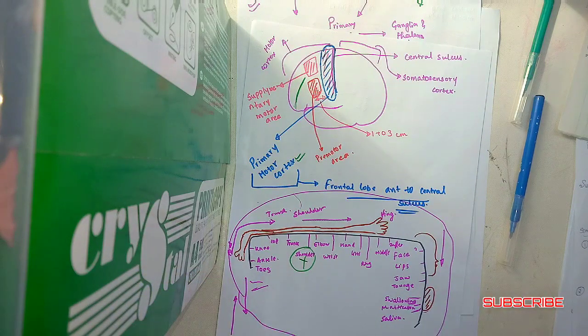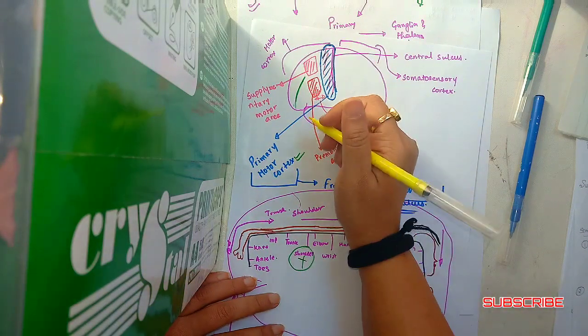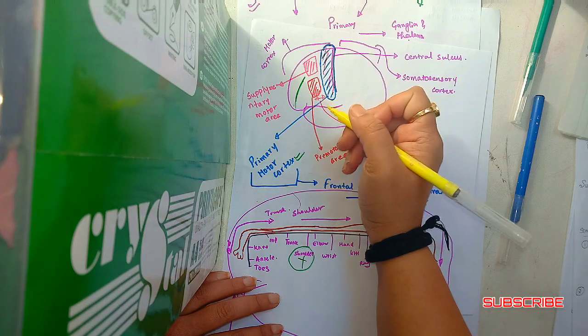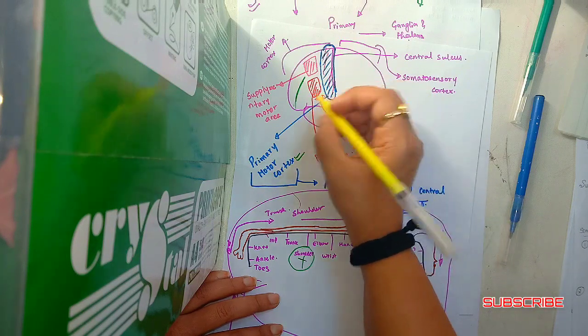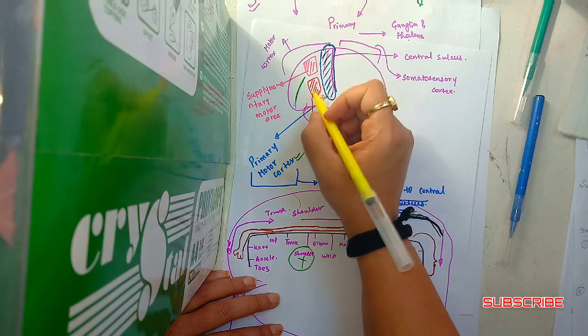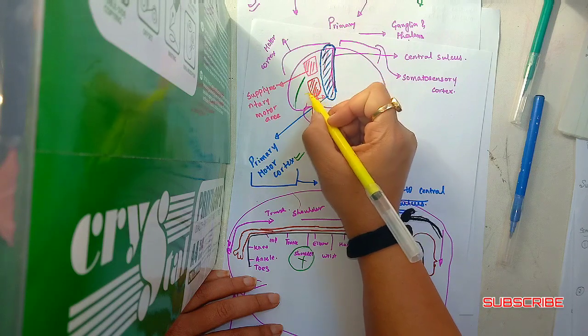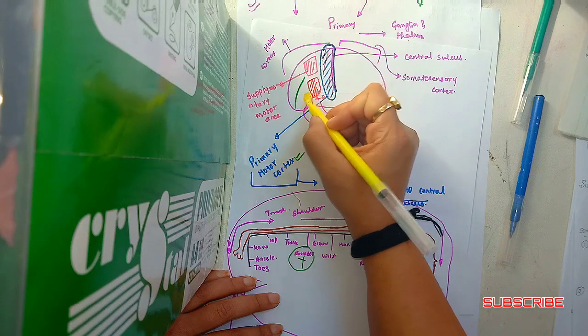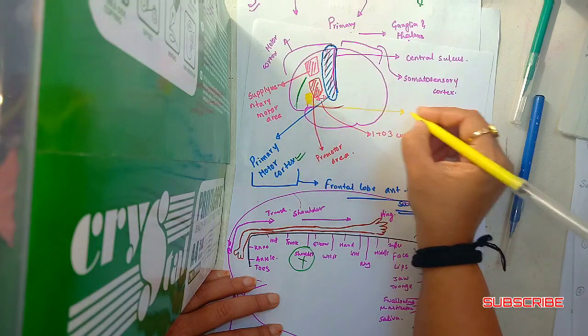Here, the first area, which is known as Broca's area, is lying anterior to the primary motor cortex here.